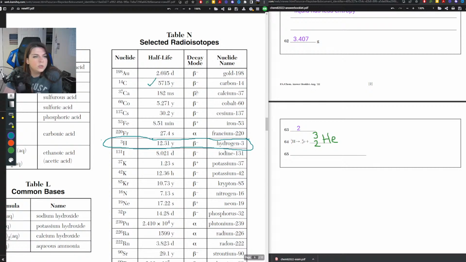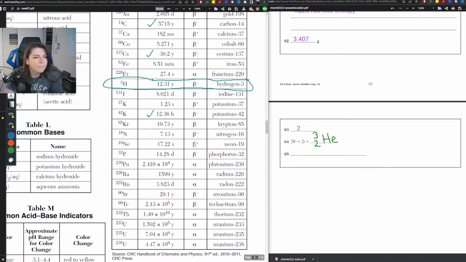So carbon 14 would work. Cobalt 60 would not because it's too short. Cesium 137 works. Strontium's too short. Potassium just makes it. Krypton is too short. Nitrogen's too short. Phosphorus too short.